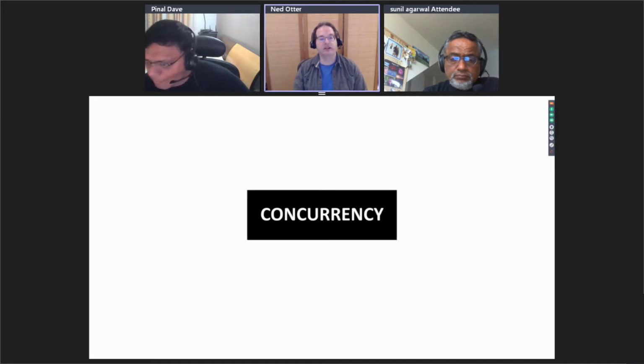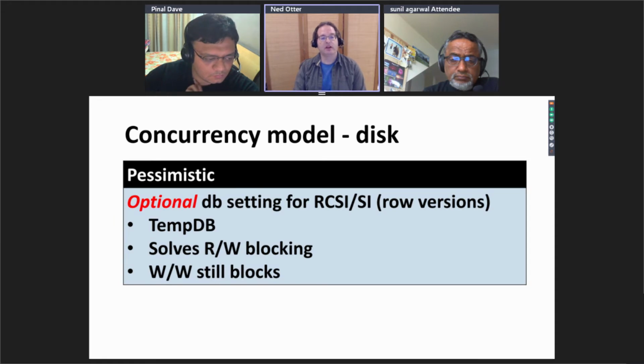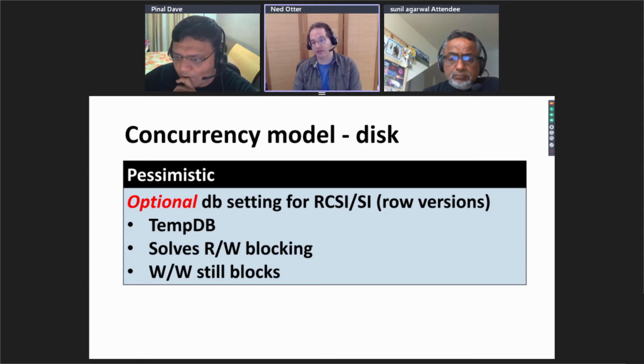I wanted to briefly describe the differences in concurrency between on-disk and in-memory, and it has ramifications for other things, for resources. The concurrency model for disk-based tables is pessimistic and is done through locking. You have an optional database setting to implement either read-committed snapshot isolation or snapshot isolation, which creates row versions, which are stored in TempDB.